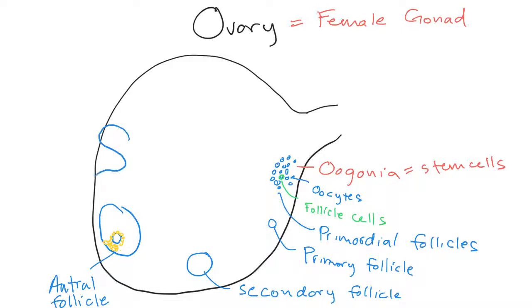Then at ovulation, the oocyte is released from the ovary and goes into the uterine tubes, or the fallopian tubes.